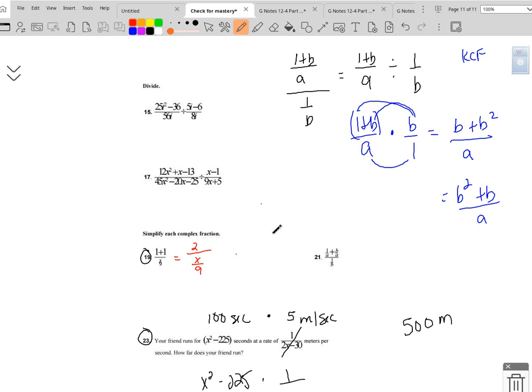Let me give you a hint here. The next step would be 2 divided by x over 9. You got yours? Come up and check it. Yay, good job. Awesome.